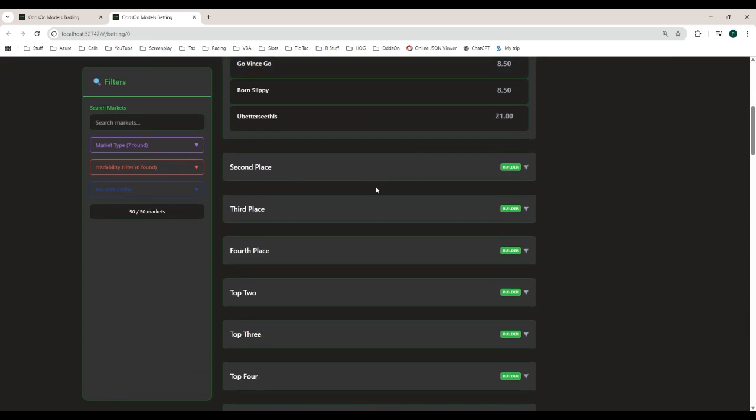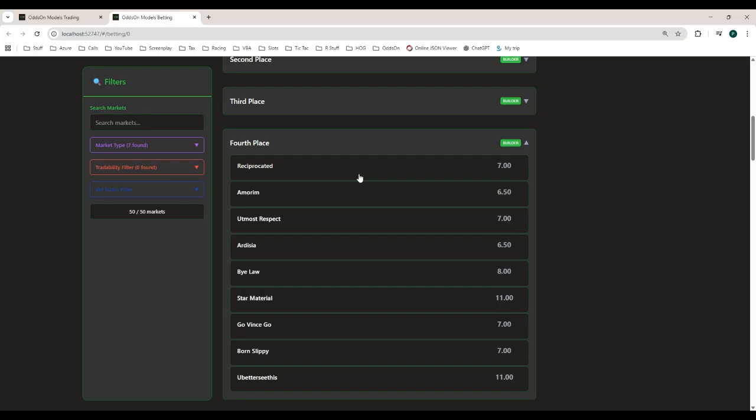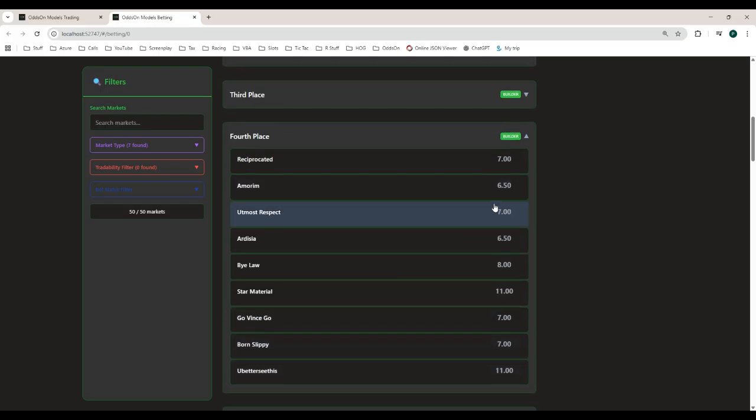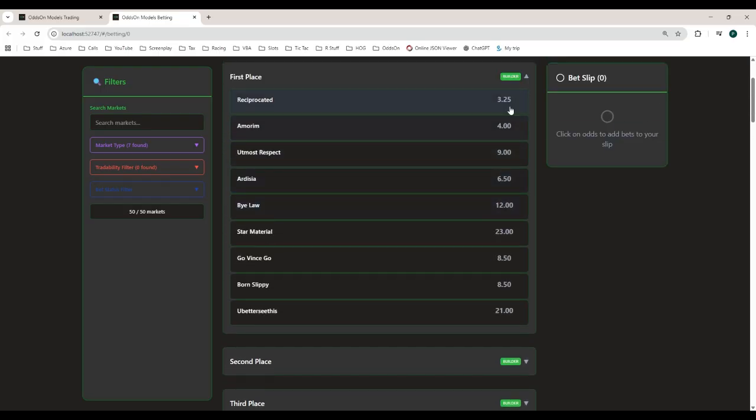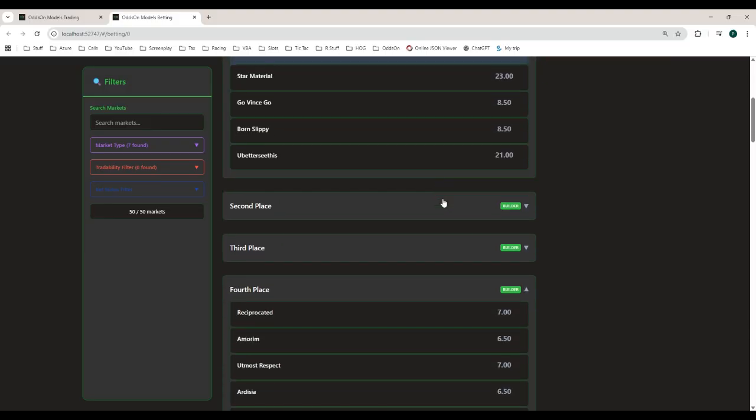A lot of the bookies are doing these things now: second, third and fourth place. If you look at fourth place, for example, for the win book there's obviously quite a lot of discrepancy between the shortest and the longest, from 3.25 to 23 in decimal odds.